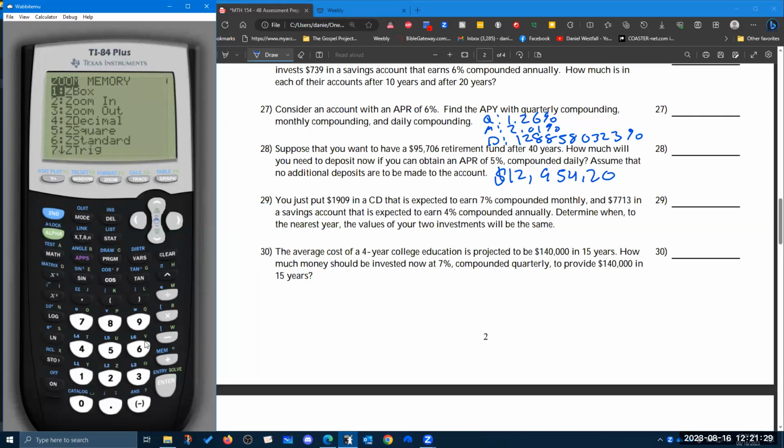We're going to be looking for the point of intersection between these two graphs. They're both going to be exponential, but zoom out.